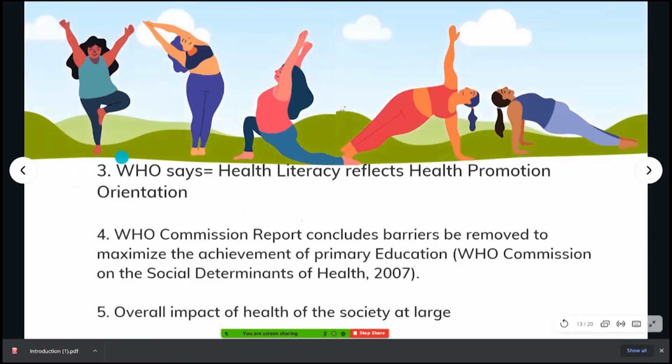Third, WHO has adopted a definition of health literacy that reflects health promotion orientation. Similarly, the WHO Commission report concludes that removing the numerous barriers to achievement of primary education will be a crucial aspect of action on the social determinants of health. So, it's very important that it will reproduce substantial public health benefits.